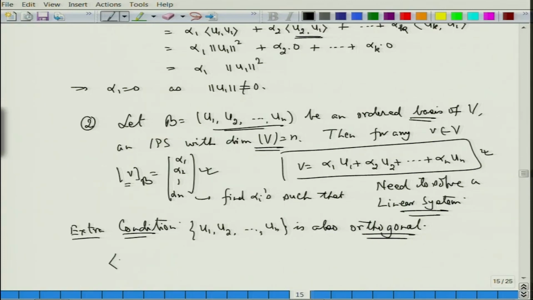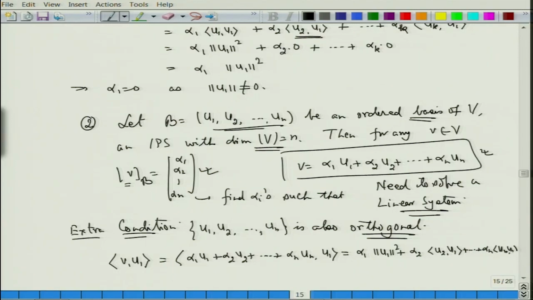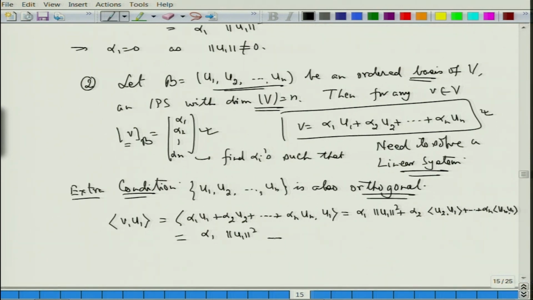So let us look at the inner product of v with u1. The inner product of v with u1 will be alpha 1 u1 plus alpha 2 u2 plus alpha n un, comma u1. Going by the previous one, it is the same as alpha 1 times norm of u1 squared plus alpha 2 times the inner product of u2 with u1, plus so on, plus alpha n times the inner product of un and u1, which is the same as alpha 1 times norm of u1 squared. So this implies alpha 1 is nothing but the inner product of v with u1 divided by the length of u1 squared.